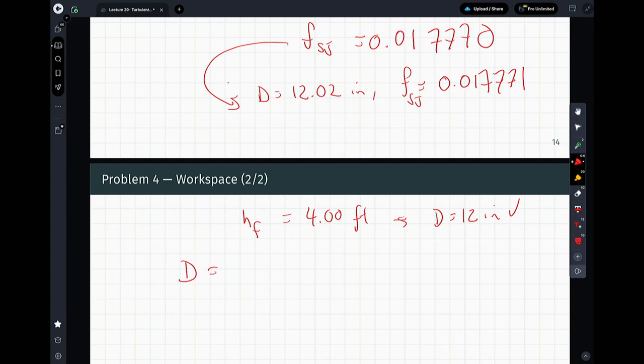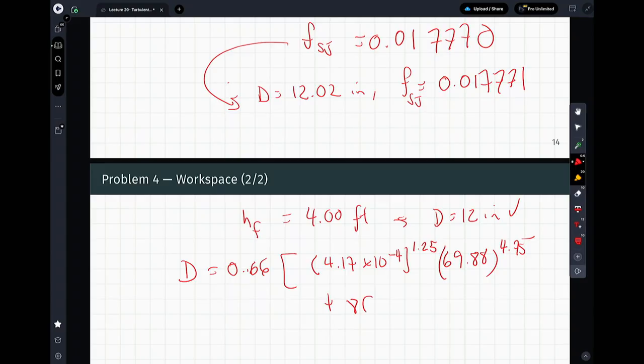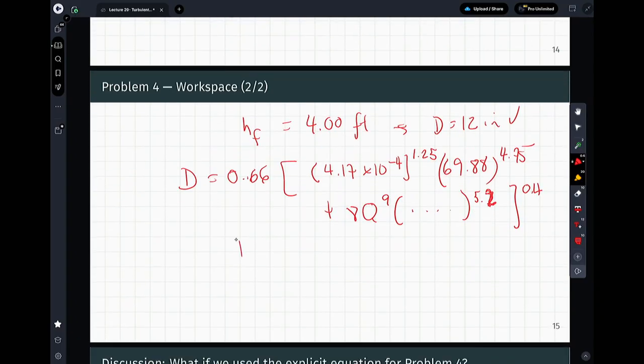We can also use the equation that we had, equation 2 from the last lecture, 0.66, 4.17 times 10 to the minus 4 to the power 1.25, 69.88, 4.75 plus nu Q to the 9th plus dot dot dot 5.2 to the power 0.4, and yay, 13 inches.